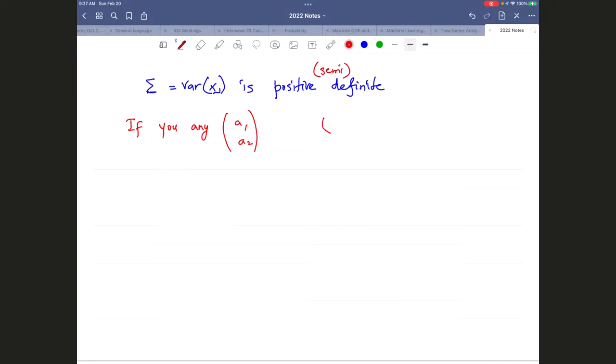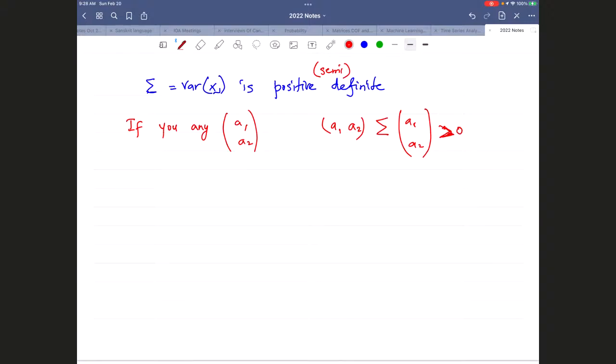You pre-multiply and post-multiply by that, then it will be a positive number. That's what it means, okay? Are you with me? It is a positive number. That's what positive definite means, okay?